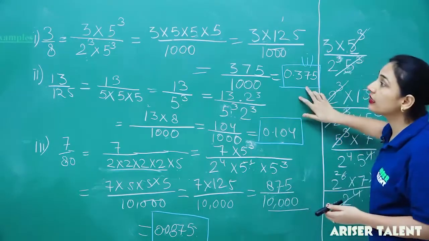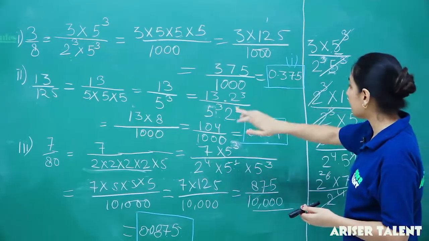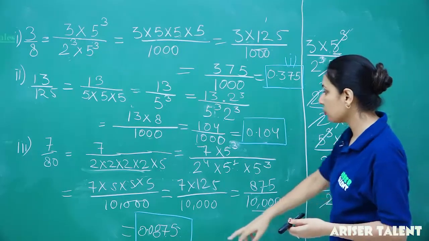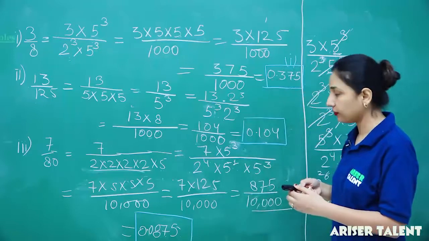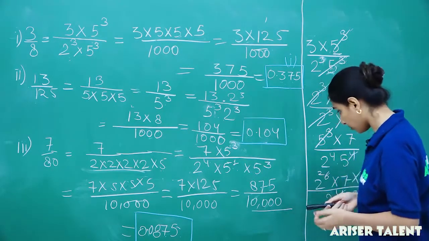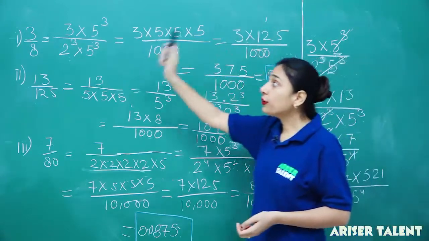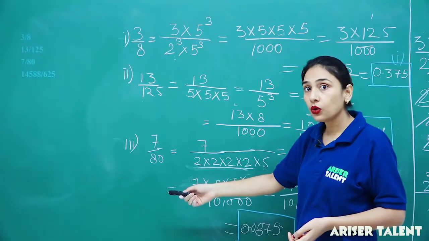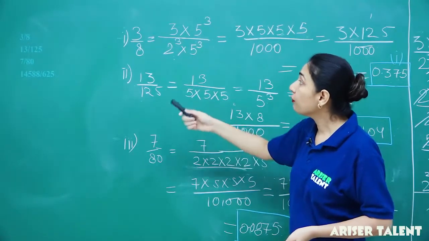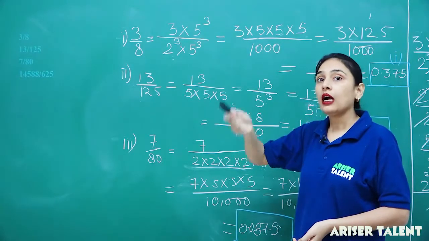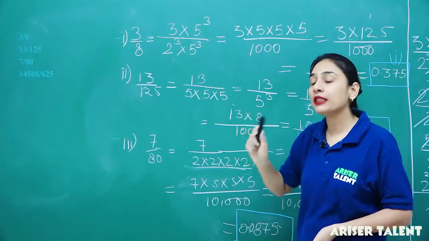So first one is 0.375, second one is 0.104, third one is 0.0875, right? Now we took some P by Q forms, and here we converted them into a form of decimal that terminates.